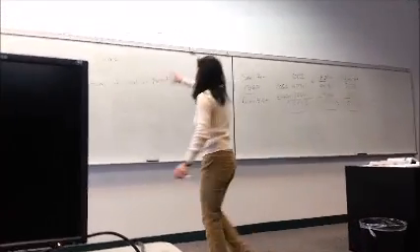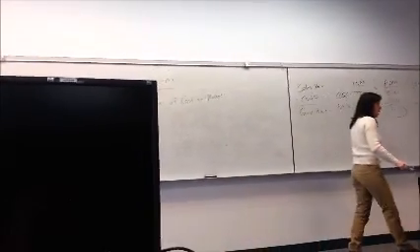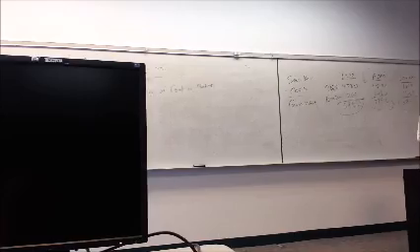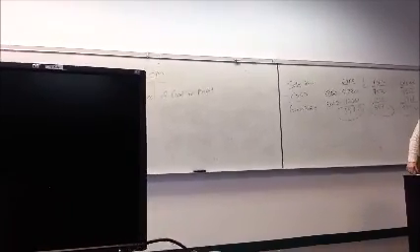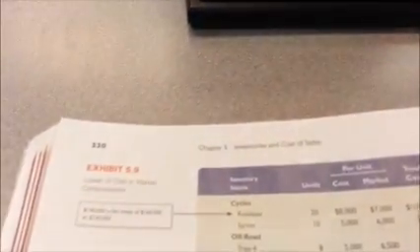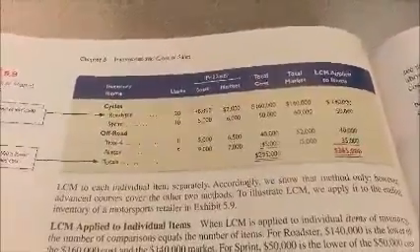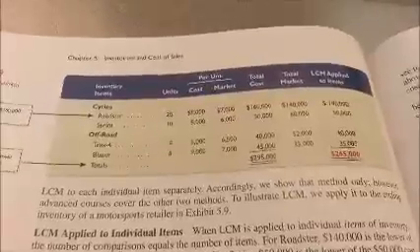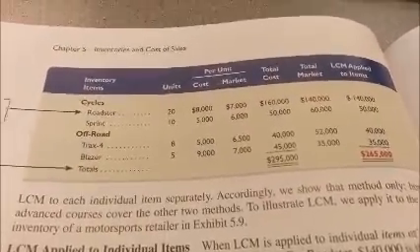Now, there's 3 types of groupings in order to decide whether an adjustment needs to be made or not. And let's look at the example, Exhibit 5.9 on page 220, at the top of page 220. So we have a bike shop here that makes 4 different types of bikes in 2 different groupings.